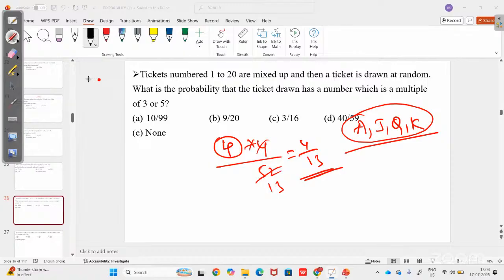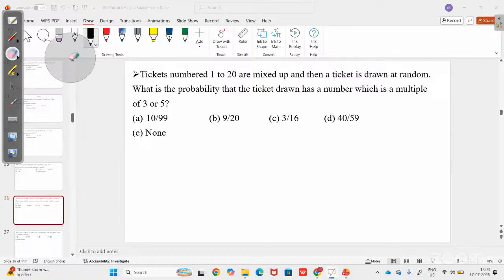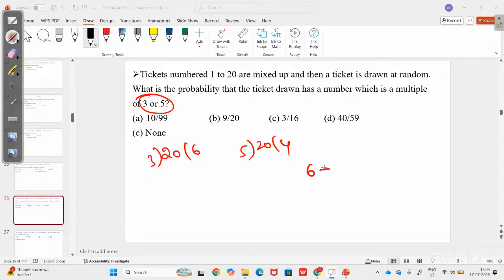Tickets numbered 1 to 20 are mixed up. What is the probability that the drawn card is a multiple of 3 or 5? Total there are 20 tickets. How many multiples of 3 do we have? 20 by 3 gives 6. Next, 20 by 5 gives 4 multiples. So the total is 6 plus 4.